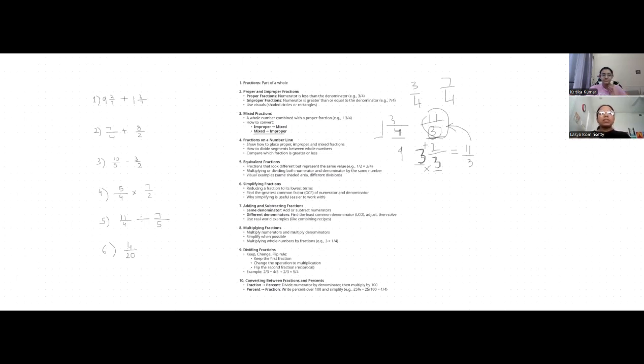Now let's look at fractions on a number line. Let's make a number line. A fraction on a number line is going to show you how to place proper, improper, and mixed fractions.